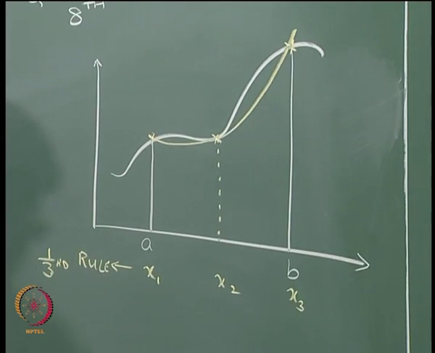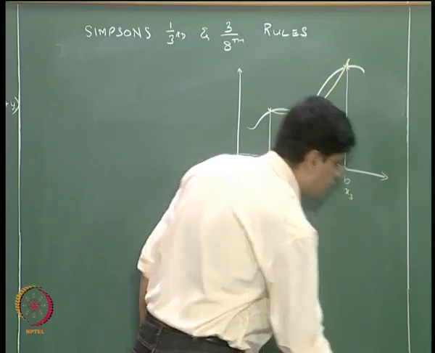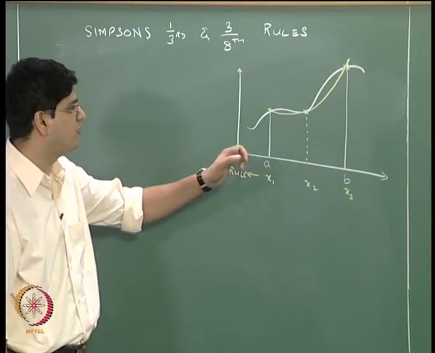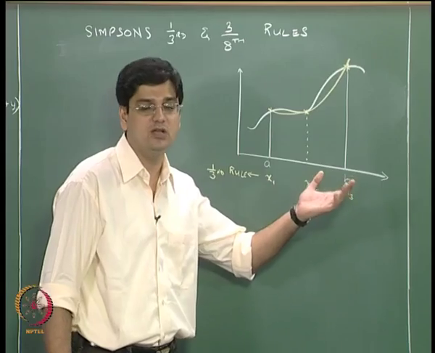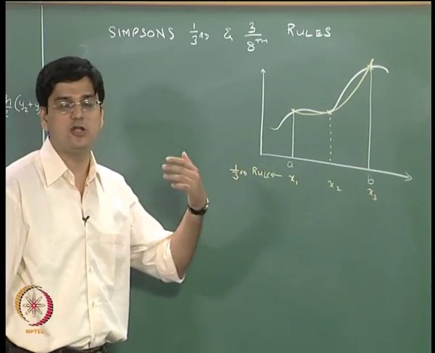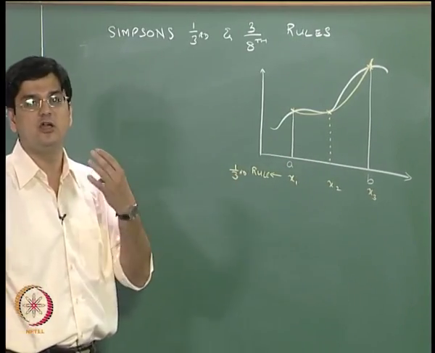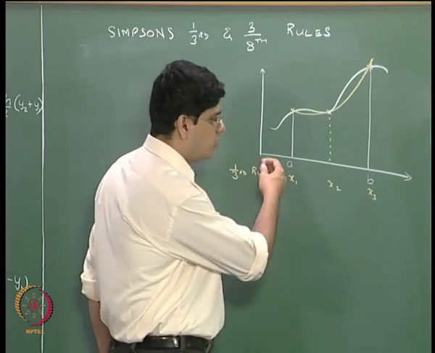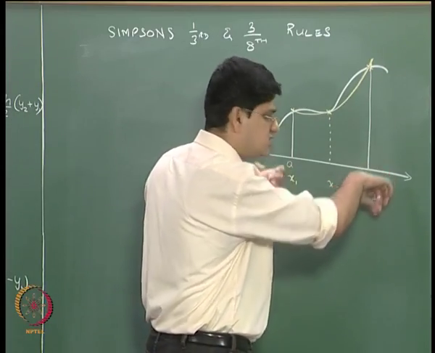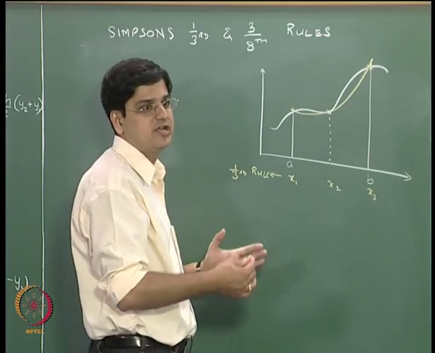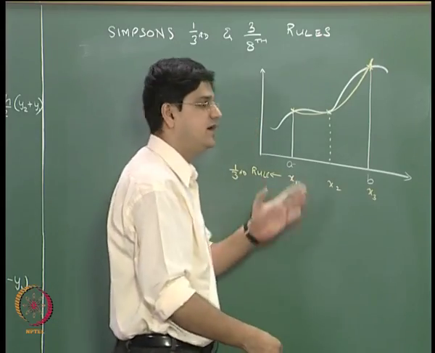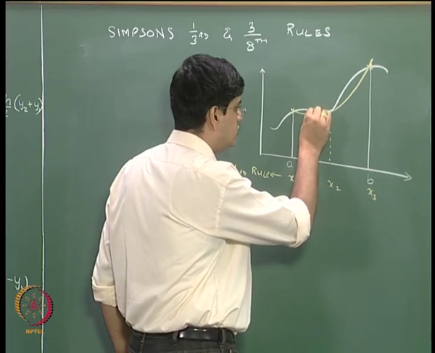And what about the 3/8 rule? In the 3/8 rule, instead of fitting a second order polynomial, we will fit a third order polynomial. In order to fit a third order polynomial, we need 4 data points. So instead of bifurcating this region, we will trifurcate it, breaking it down into 3 intervals.